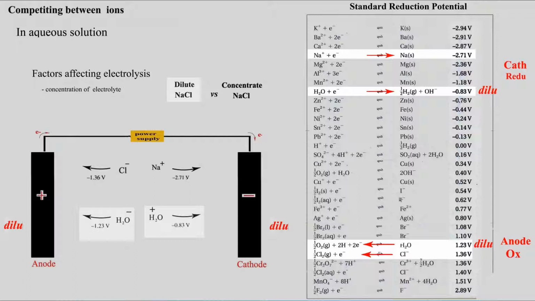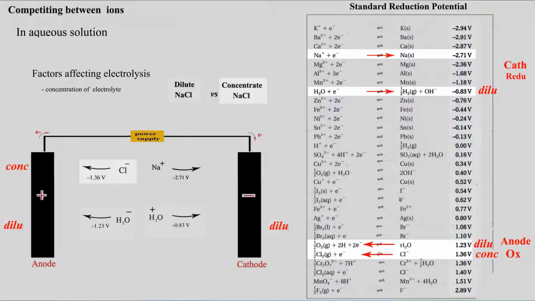Now let's look, how about concentrated? In the concentrated situation, the anode will be different. At the anode this time, chloride will win. That is unusual. You might say, hey, the value is not as positive. How come chloride wins?